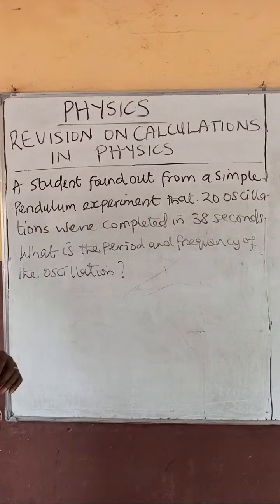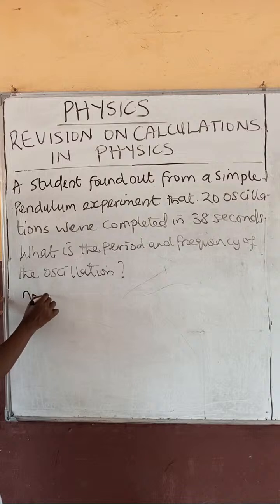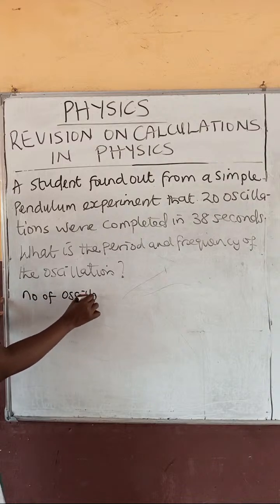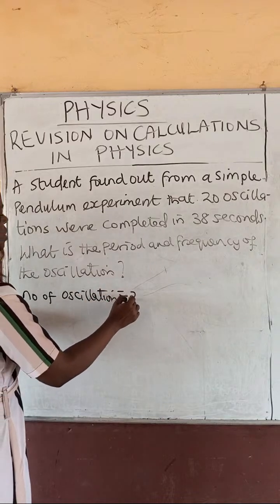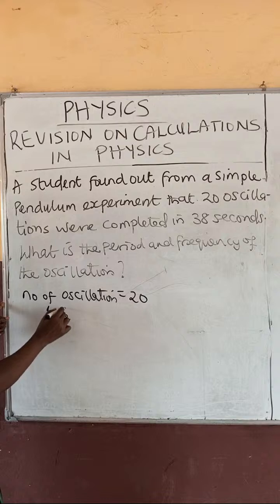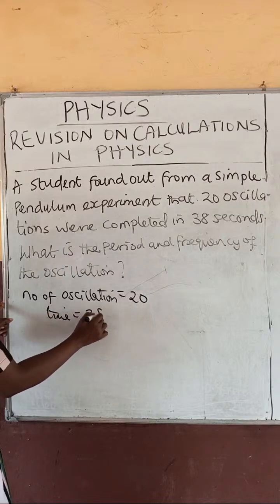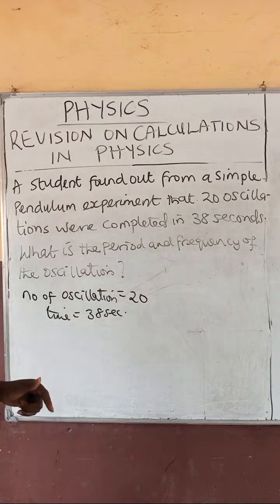Now, it's just very simple. What you are going to do is to state the number of oscillations. That is what? 20. Then we have the time, which is 38 seconds.